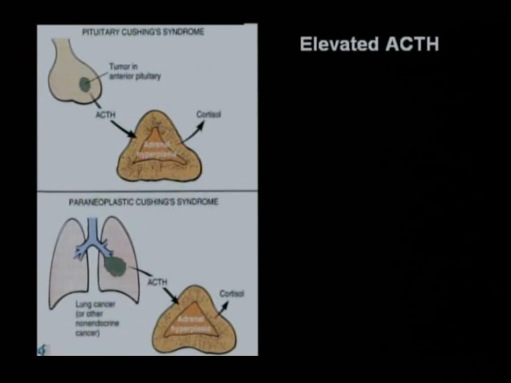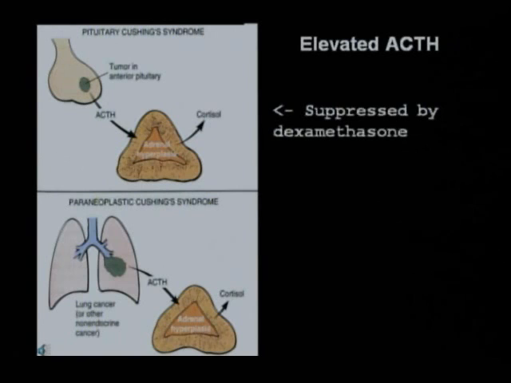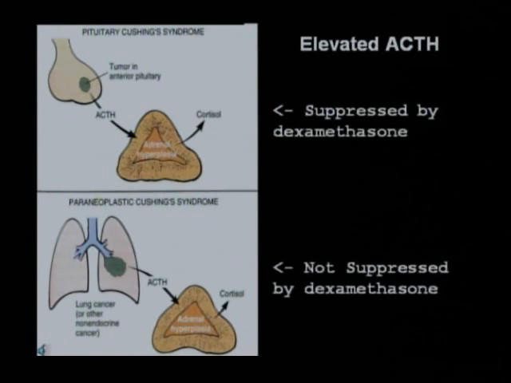Corticotrophs in a pituitary adenoma, although less sensitive to feedback inhibition, can still be suppressed by higher levels of steroids. Malignancies, including oat cell tumors, elaborate ACTH without any feedback inhibitory machinery. Thus, in response to a dexamethasone suppression test, ACTH levels will decline in pituitary Cushing syndrome, but will remain elevated in paraneoplastic Cushing syndrome, allowing the clinician to differentiate between these two disease processes.